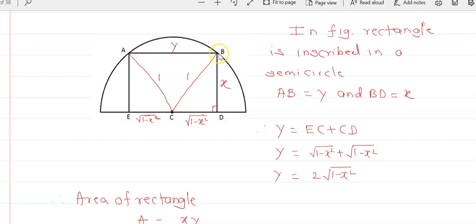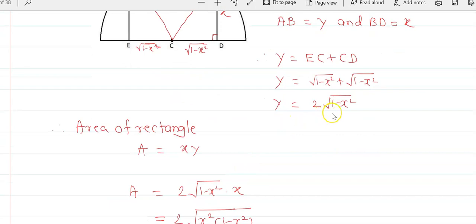Now this is BD, the breadth, and CD we can find by using Pythagoras. The value of CD = √(1 - x²). This is CD and this is AC. Therefore, y = √(1 - x²) + √(1 - x²). Therefore, y = 2√(1 - x²).